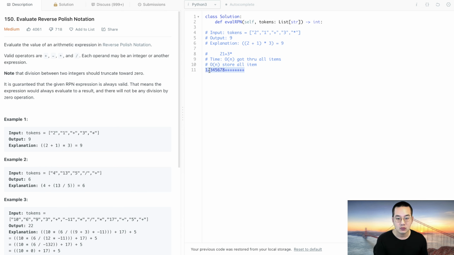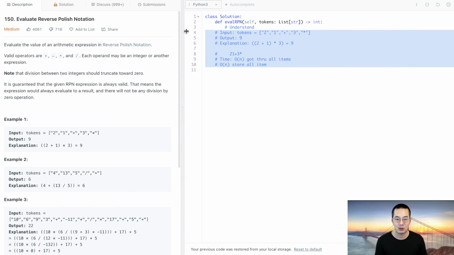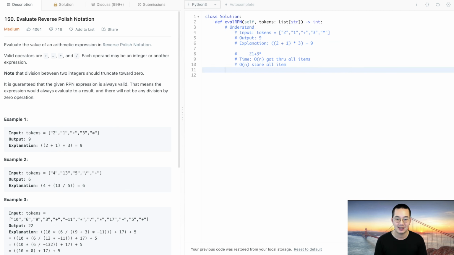With that, I think we're good for the understanding, and we are able to move on to the next step, which is matching. I think we did a little bit of that already. We're going to be doing a stack. The reason we chose a stack was because of the reverse Polish notation; we have to use a stack to process this type of problem.